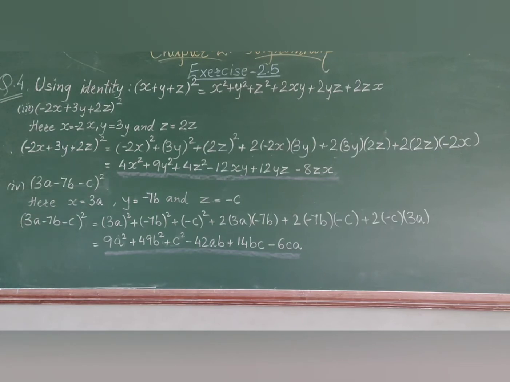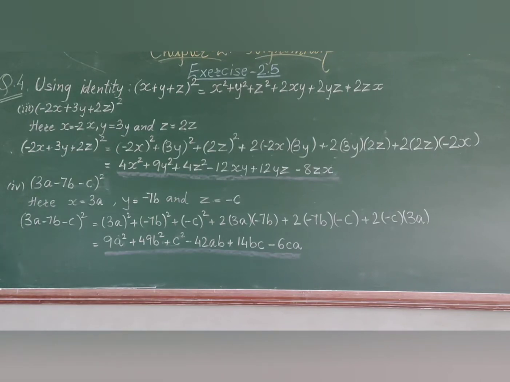Again you can see one negative integer is there in multiplication, so we write 2 into minus 2, that is minus 4, and minus 4 into 3, that is minus 12xy. Plus, all plus, so we directly multiply, that is 2 threes are 6 and 6 twos are 12yz.